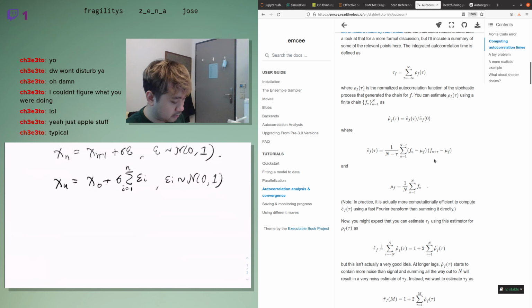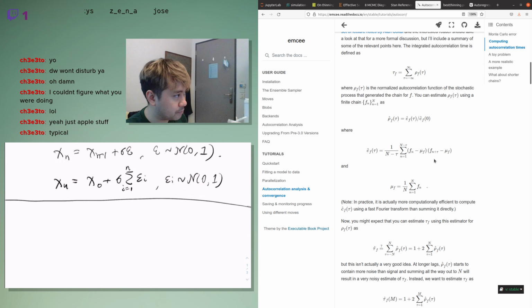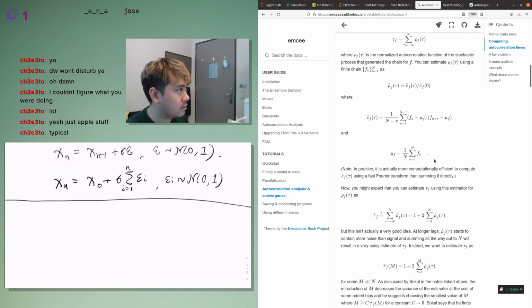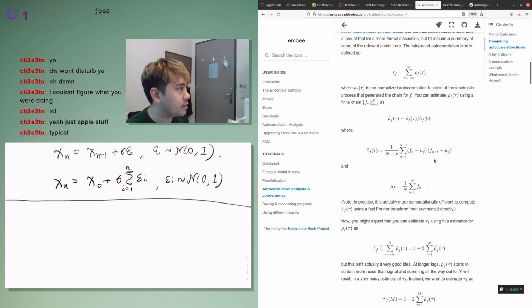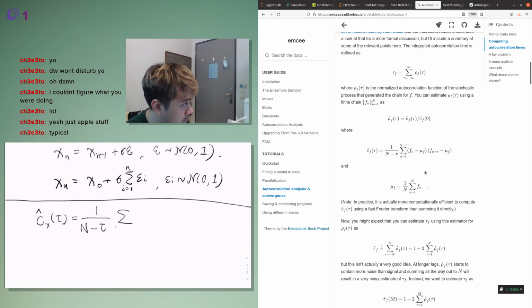And then let's now compute the autocorrelation. What we need is the autocorrelation of x at lag tau. Let's just write it down first.